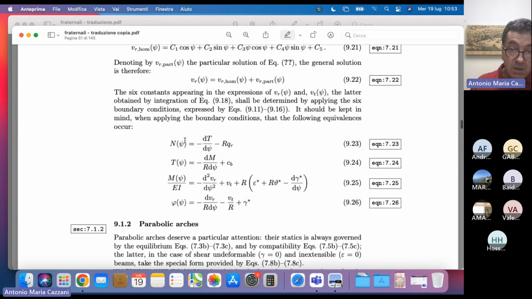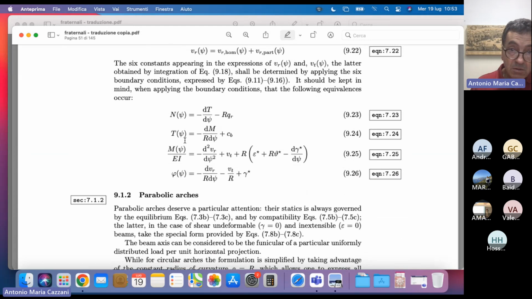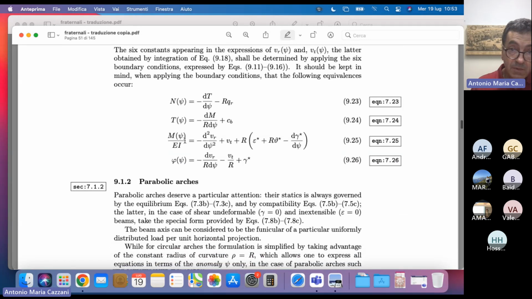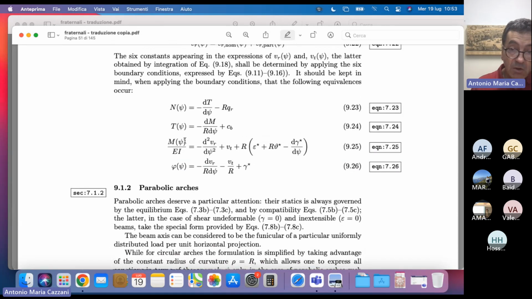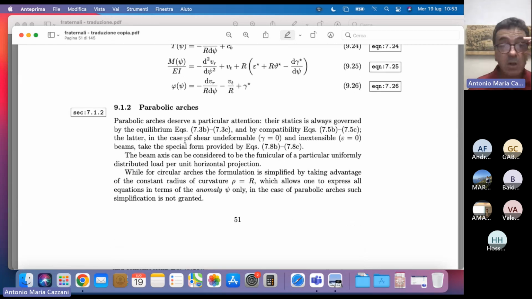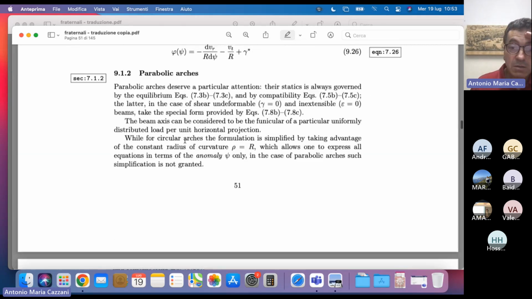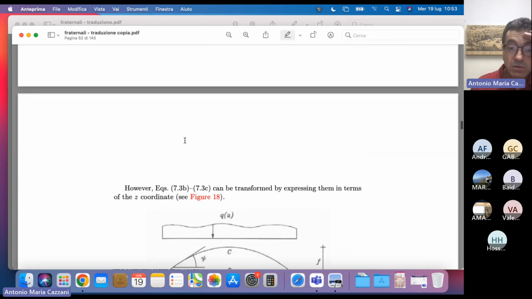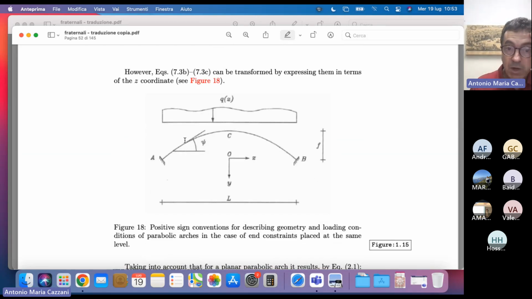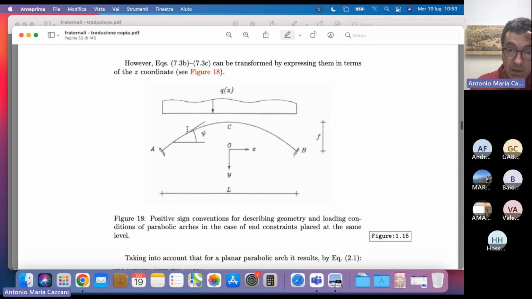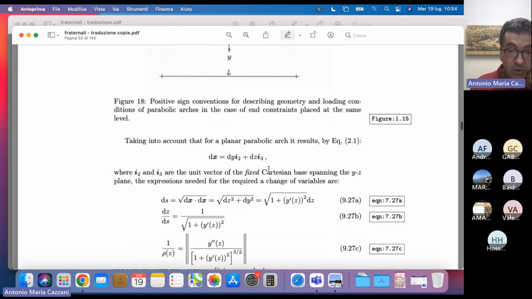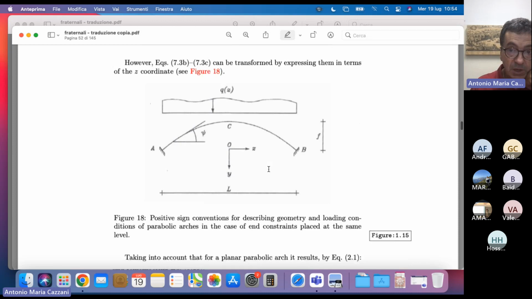Okay, so that is what is relevant to circular arches. For parabolic arches, it is possible to do something similar, but in this case, if we adopt the standard direction of the fixed axis, it is more useful to introduce a new parametrization.